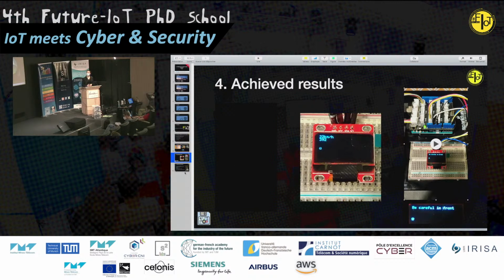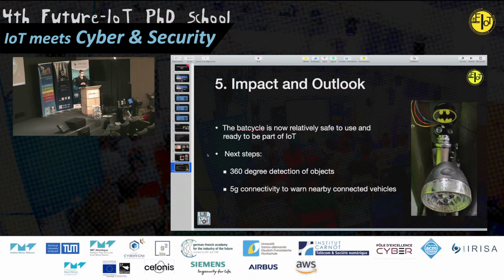To conclude with impact and outlook, the bicycle is now relatively safe to use and ready to be part of IoT. In fact, to imagine some connected vehicle for IoT, we need information to exchange. At the beginning we had no information to exchange on this bicycle, and now we have information about distance and speed.